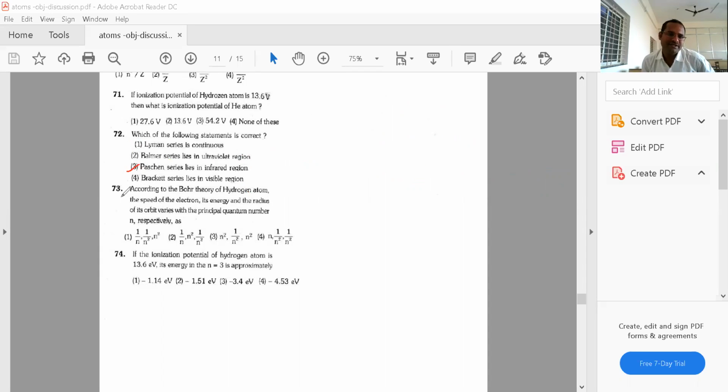Next, 73. According to Bohr's theory of hydrogen atom, the speed of electron, its energy and radius of the orbit vary with the principal quantum number n respectively. Yes, in one question all the points. We know speed v is equal to 2.186 into 10 to the power of 6 Z by n.